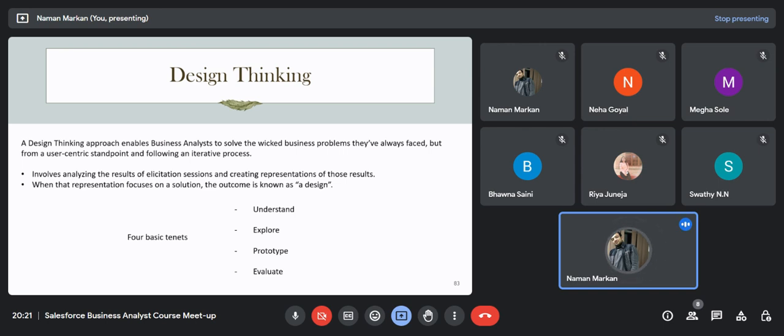Then the team comes up with their particular hypothesis, or maybe mocks them up in prototypes, just to narrow down the solution.